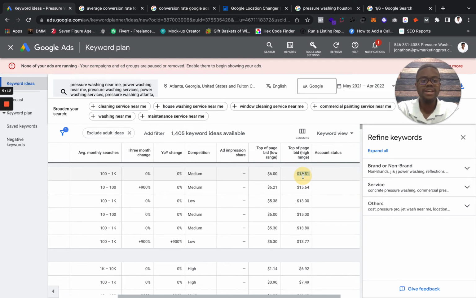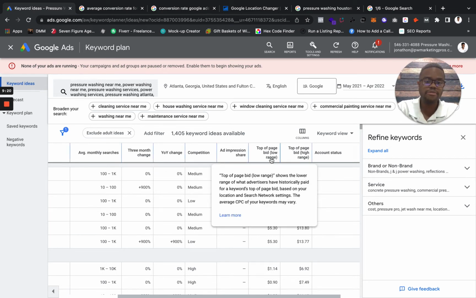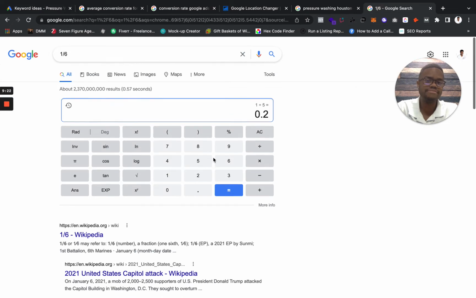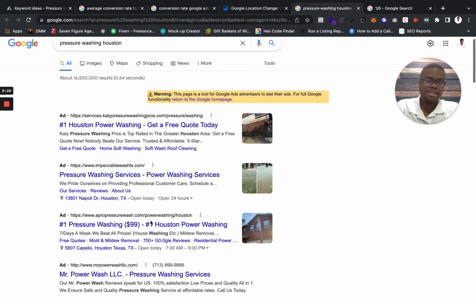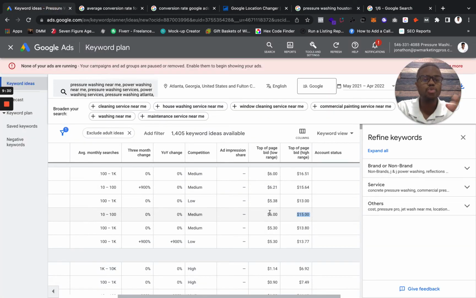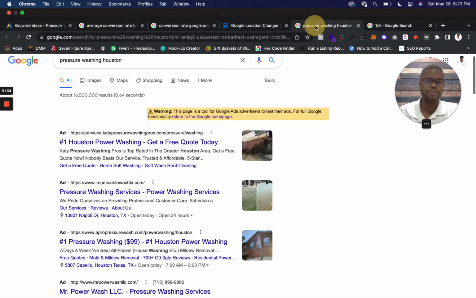So basically, the higher you go, right? Basically what it's saying is this. The low range, what they mean by that is the lowest you could spend to be at the top of the page, right?